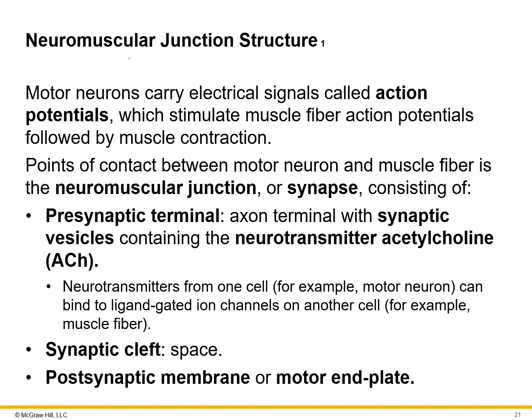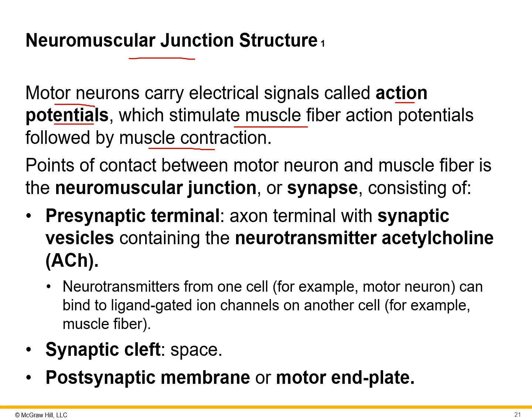Looking now at what's called the neuromuscular junction, which, as the name implies, is where neurons join with the muscles. Those motor neurons that are part of the nervous system have electrical signals called action potentials. That's what allows neurons to communicate with each other and with whatever they're attached to. So those motor neurons have action potentials, and they stimulate muscle fiber action potentials that cause the muscle contraction.